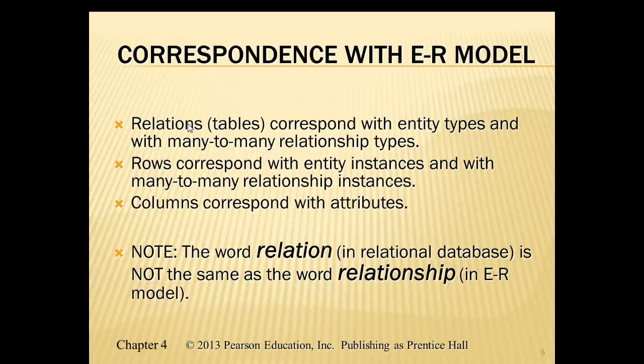Now, keep in mind, and this can be confusing to some, the word relation in a relational database is not the same as a relationship. A relation is a table that can contain data. The relationship is the relationship between one entity and another entity in an ER model.